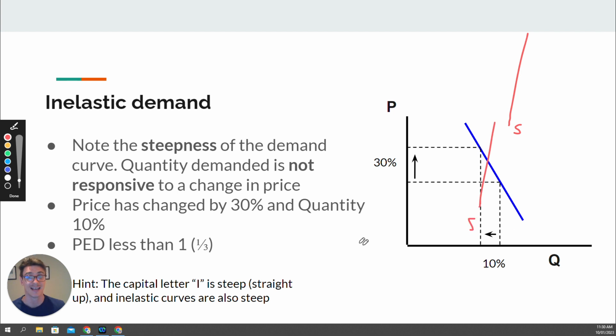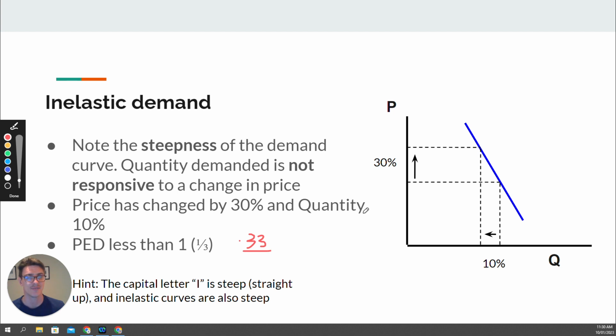Okay. Secondly, we can look at the X and Y axis and we can see that it's not responsive, by seeing that there is about a 30% increase in price. I just made these numbers up, and quantity demanded has not responded by as much. It's only decreased by 10%, not responsive. Finally, using that little formula of PED, we can have 10% over 30%, which is 1 over 3, which is effectively 0.33, our PED.